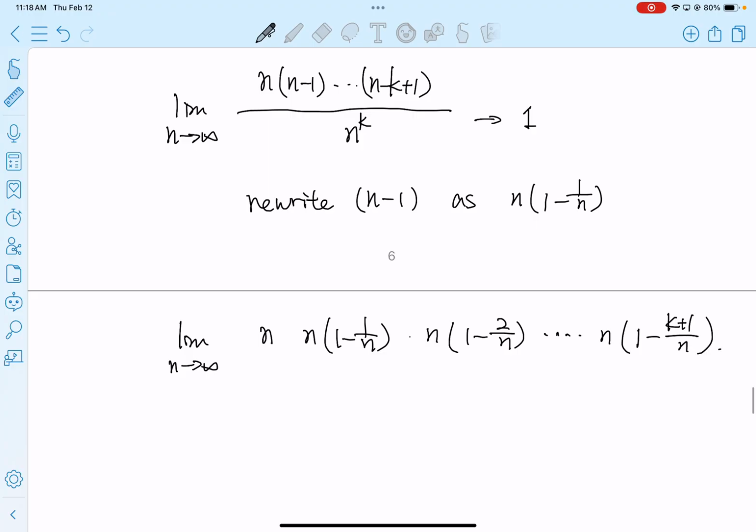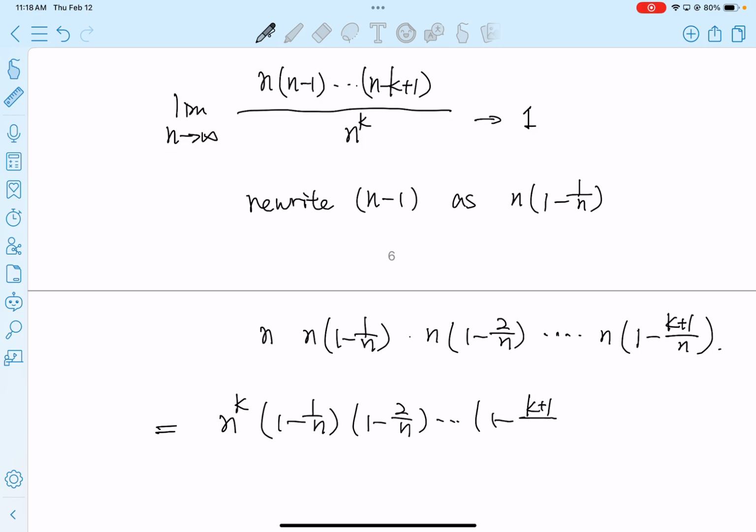If you see the numerator in this sense, this will give you n raised to the power of k, 1 minus 1 over n, 1 minus 2 over n, all the way to 1 minus k plus 1 over n.